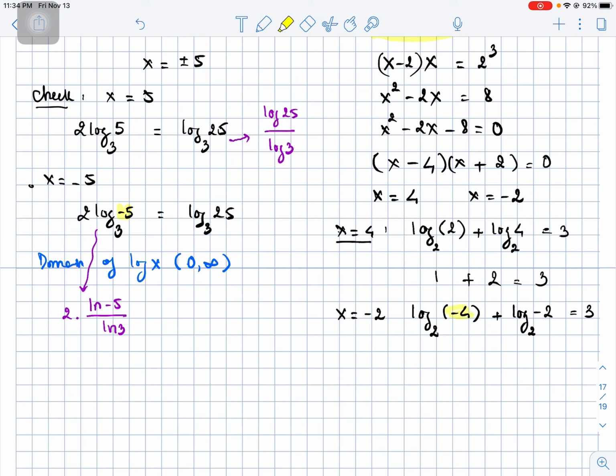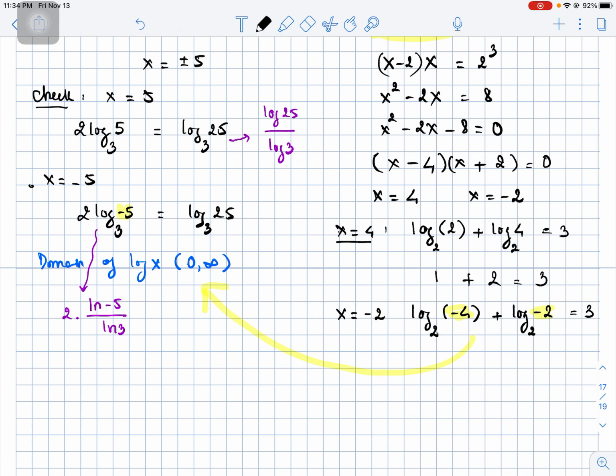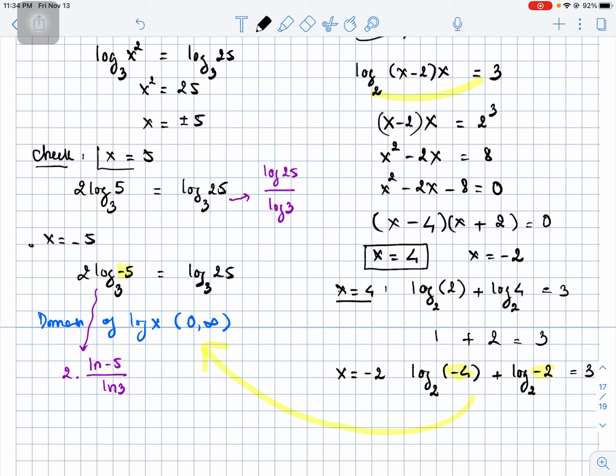The arguments of these logs are negative 4 and negative 2, and we recall the domain: the argument must be greater than 0. So it does not work. You have to eliminate negative 2. The answer for this problem is only x equals 4. And for the other problem, number 1, the answer is x equals 5.